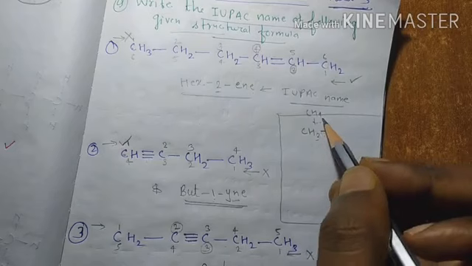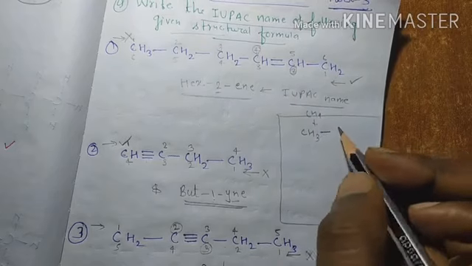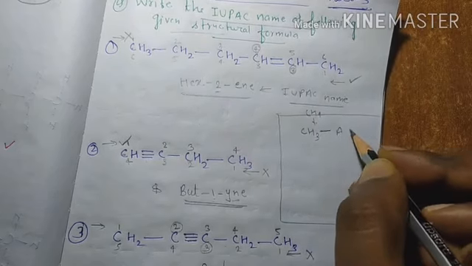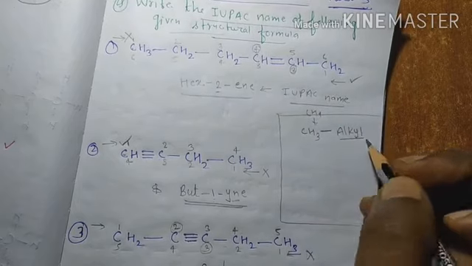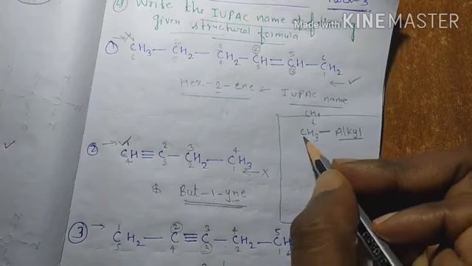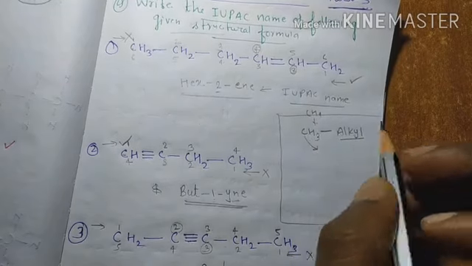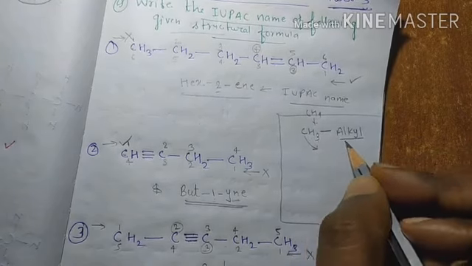So this methane is converted into an alkyl group. It means the number of carbon is 1. For 1 carbon atom, this is the alkyl.